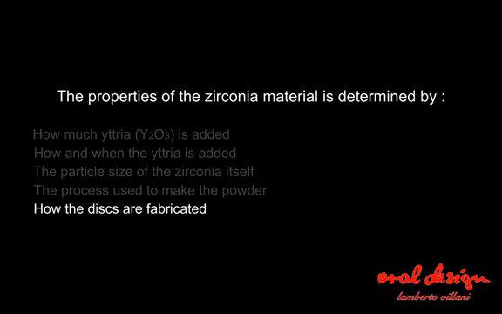Those are the most important things. That's why most of the time when you look at the same color, A2 for example, on different brands, they look different. Because they use different processes, different quantity of yttrium, different particle size, and so on.